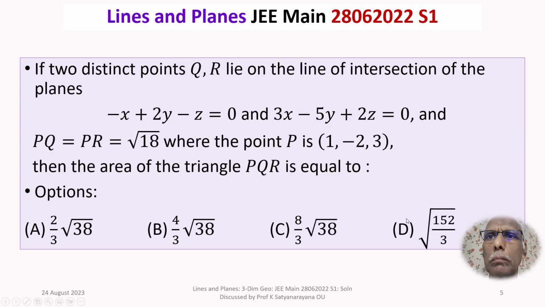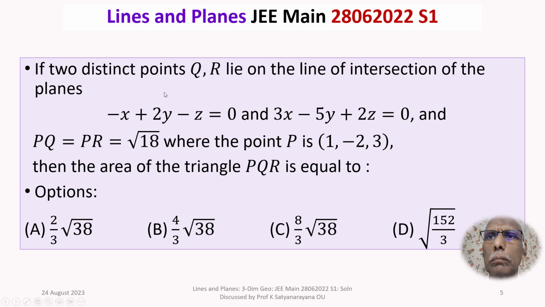We have two planes. The first plane is minus x plus 2y minus z is equal to 0, and the second plane is 3x minus 5y plus 2z is equal to 0.